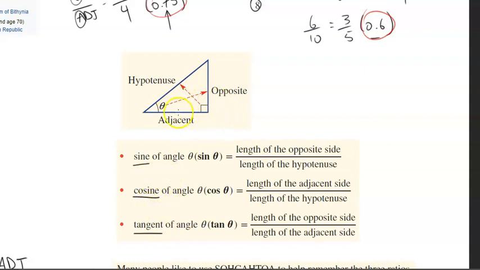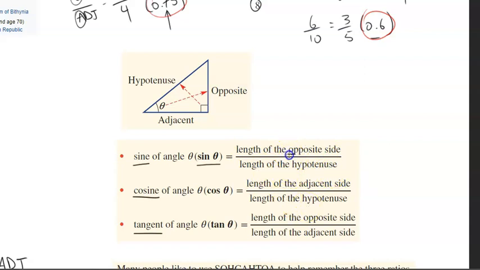Okay, so if we're looking at this angle and the opposite and the hypotenuse, we say that the sine of this angle, and we'll get into what the sine of an angle means in just a second, is equal to the length of the opposite side over the hypotenuse.